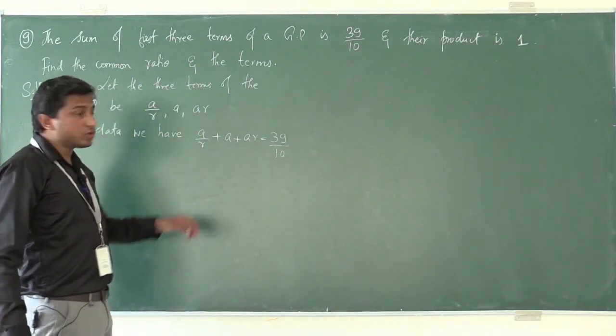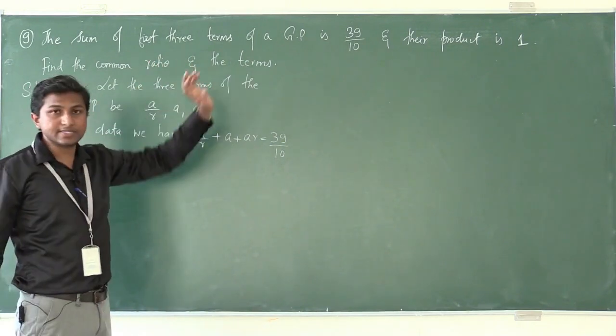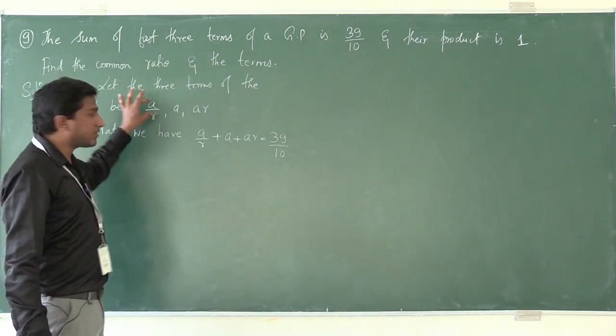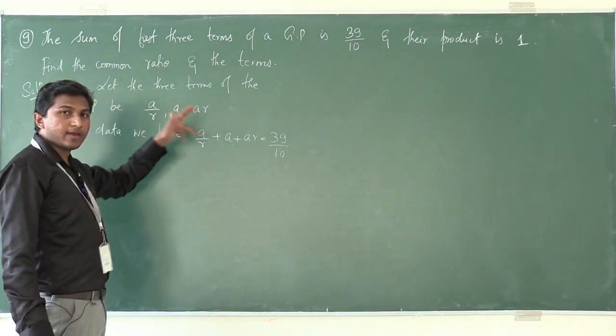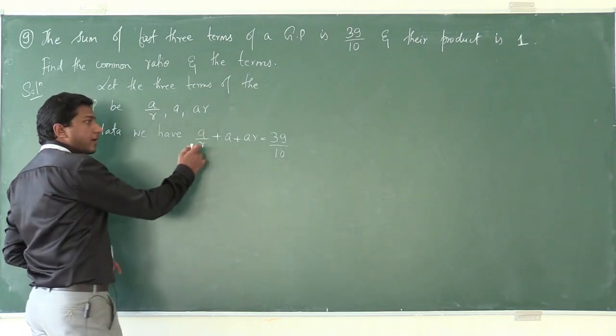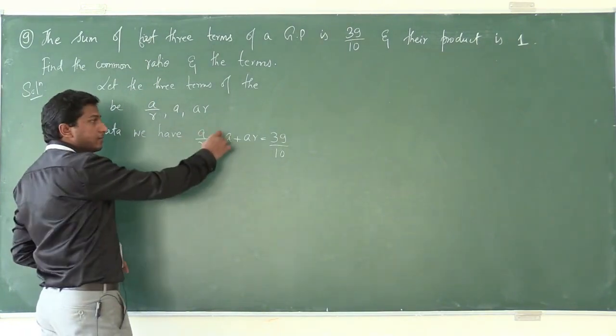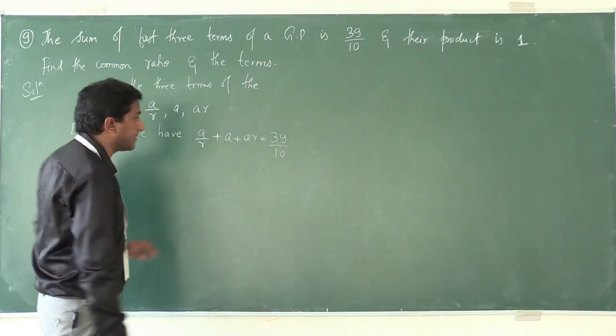This follows from what is given in the problem. Sum is 39 by 10. We have taken the three terms to be a by r, a and ar. Hence we get a by r plus a plus ar equals 39 by 10.